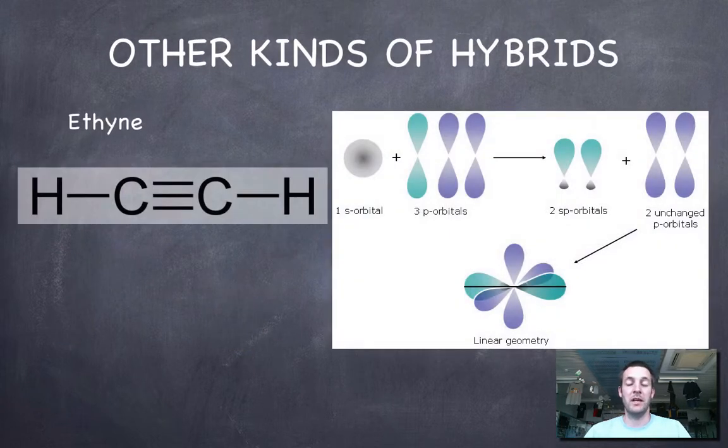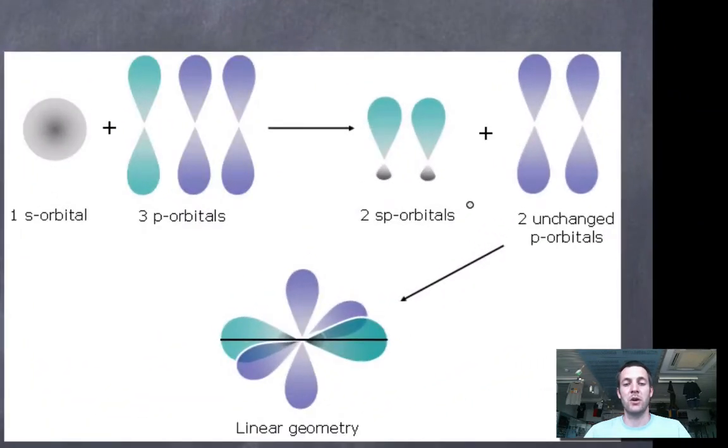Now there's sp3, there's also sp2. You might not be surprised to see that you can mix one s orbital with one p orbital and end up with something called sp hybrid orbitals. You mix 2 orbitals to make them, so there must have been 2 orbitals resulting.